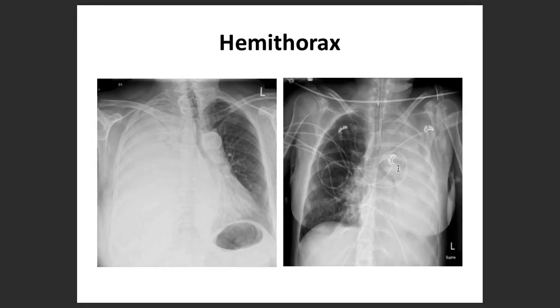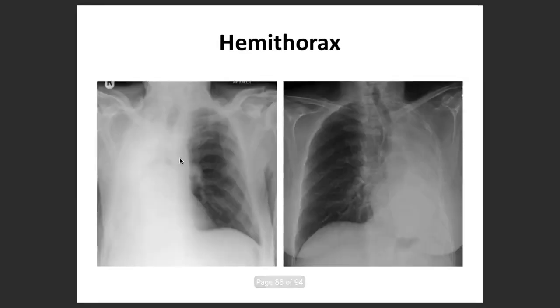There are three different things which you can see. The mediastinum can be pushed away from the opacification. This is the opacification, right? Second, it can be pulled towards the opacification.